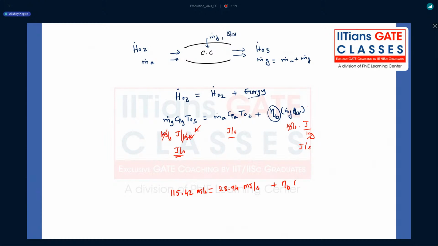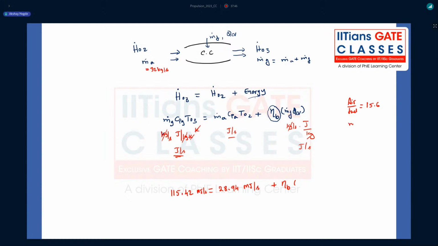Now I have to calculate the mass flow rate of the fuel, which is not given, but the air to fuel ratio is given, that is 15.6. If I have the air to fuel ratio and the mass flow rate of the air is also given, that is 32 kg per second.